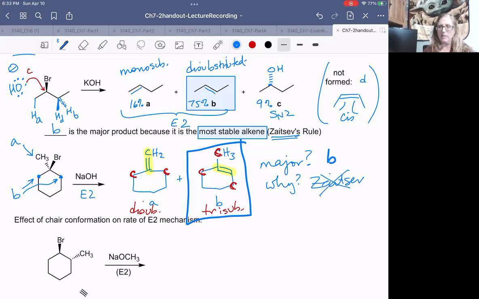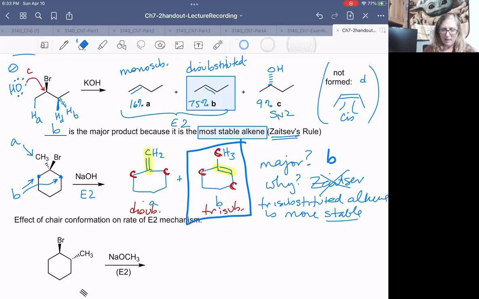The explanation is because the tri-substituted alkene is more stable. So your answer should have something to do with stability. If it does not talk about the stability and the fact that it has more substituents than the other possibility, then it's not a complete answer. So it's okay to say it's a Zaitsev elimination, but that's not the end of your answer. Your answer is really about stability.